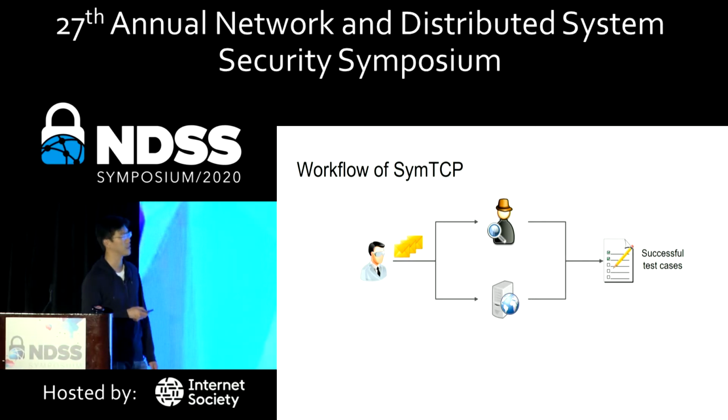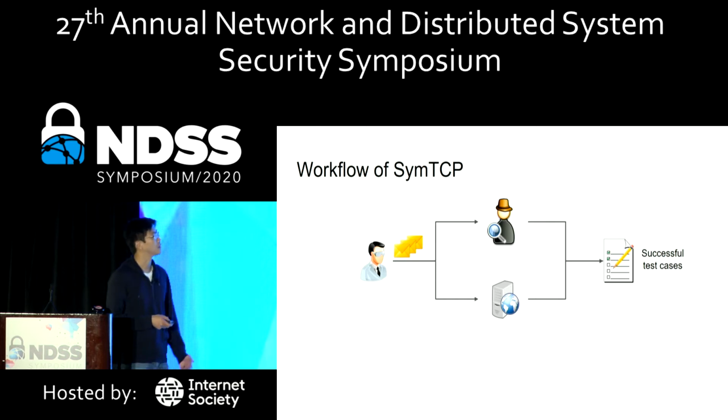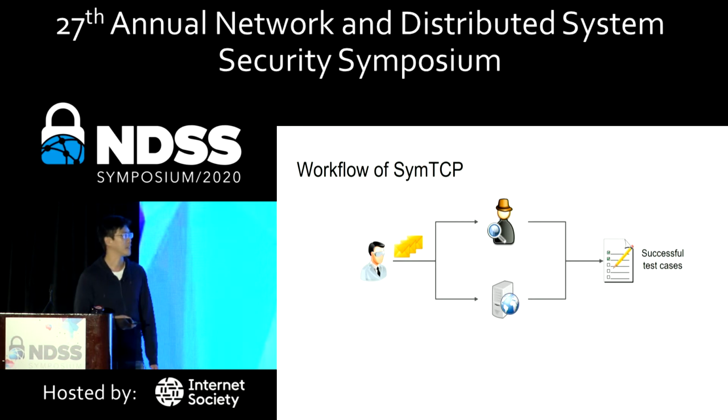Our system, SymTCP, is designed to automatically find discrepancies between two TCP implementations. We use differential testing to do that. The idea of differential testing is that we send the same input to two different systems and observe if their responses are the same.